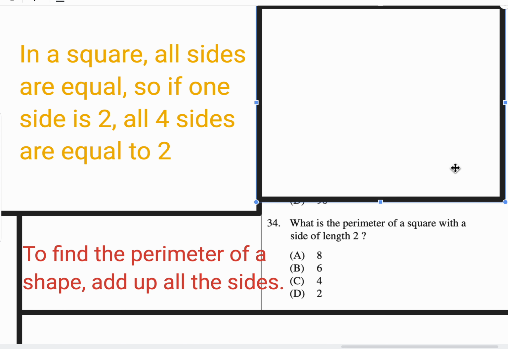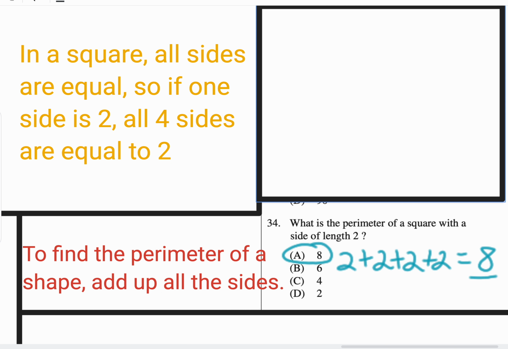So A is the correct answer. 2 plus 2 plus 2 plus 2 equals 8. A is the correct answer.